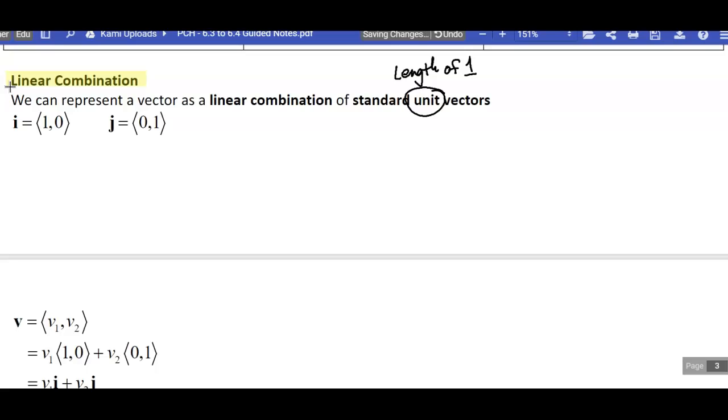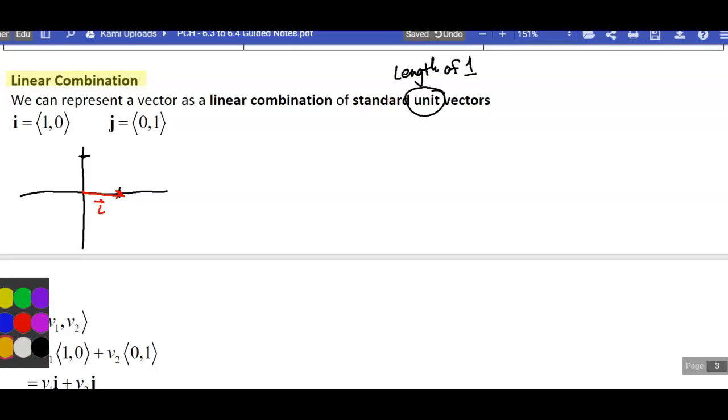So if I look at these two vectors here, I've got i, which is 1, 0. So i is 1, 0, so this is vector i, and j is 0, 1, so that's this vector, j.